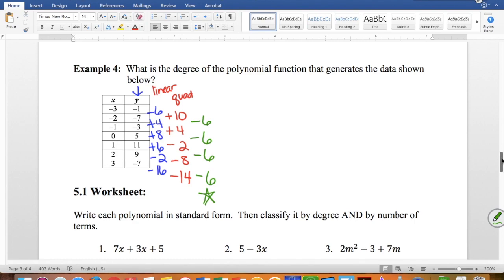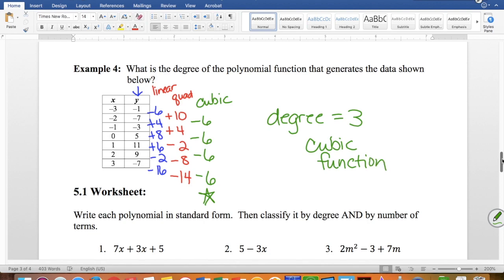We found it in the third level. So this is a cubic function. So my greatest degree, the degree, would be 3. Degree equals 3, which means it's a cubic function. So this data set right here is representing a cubic function.